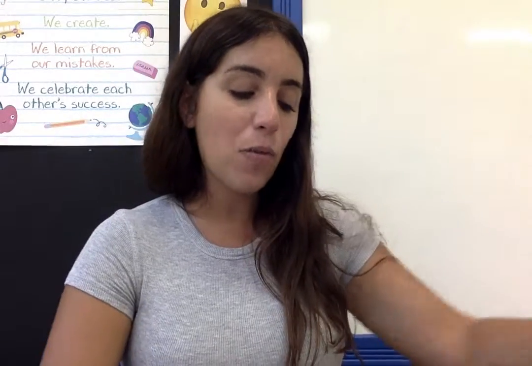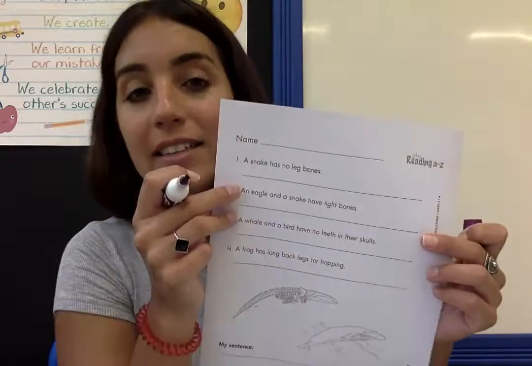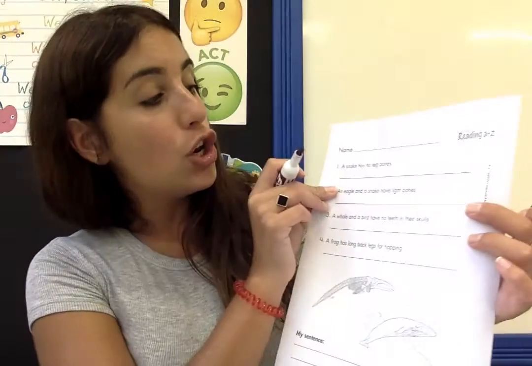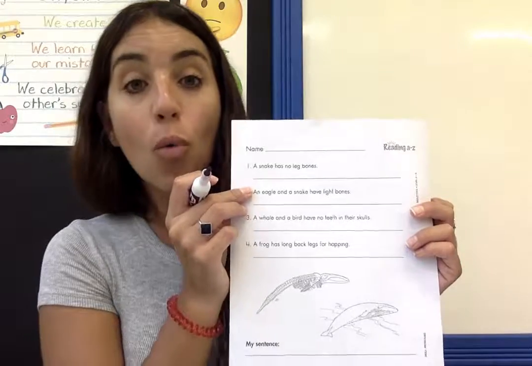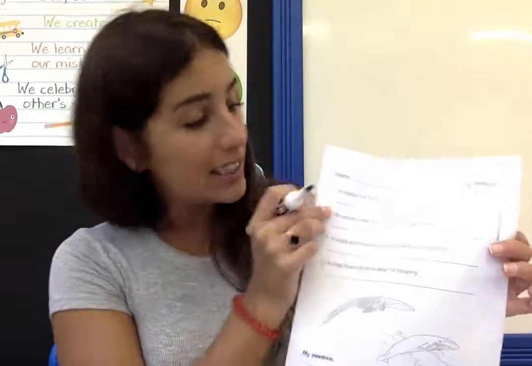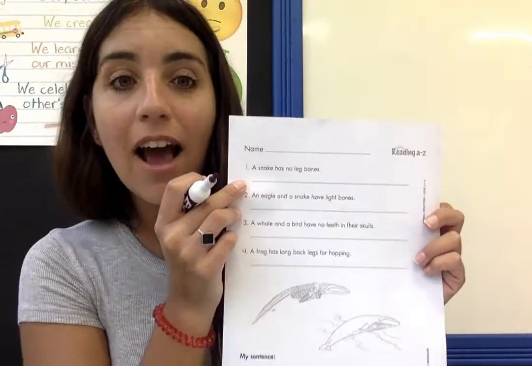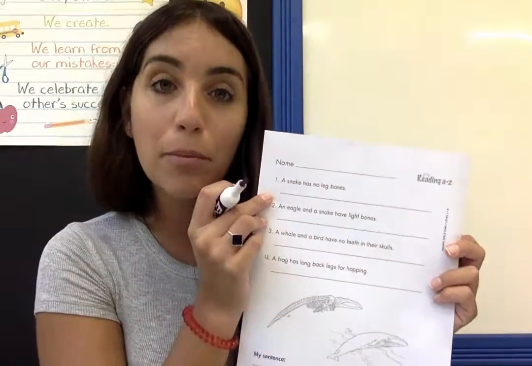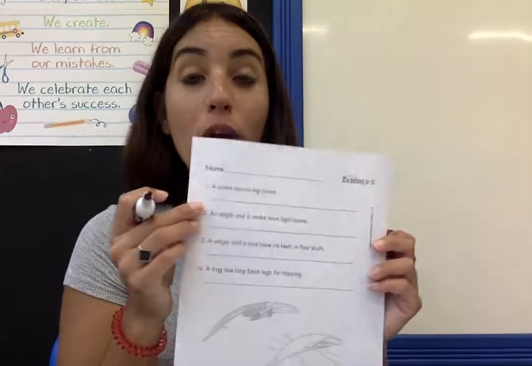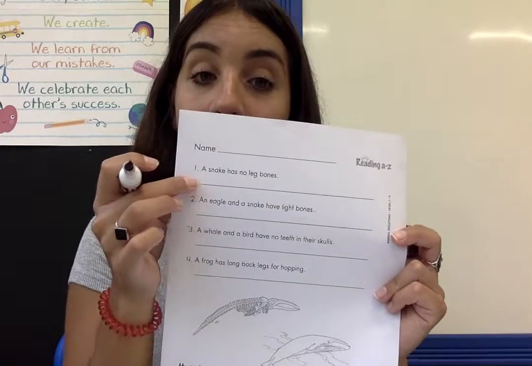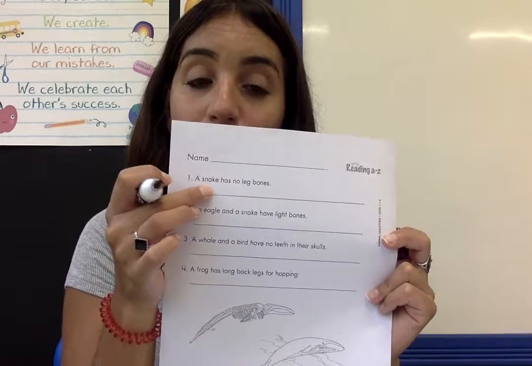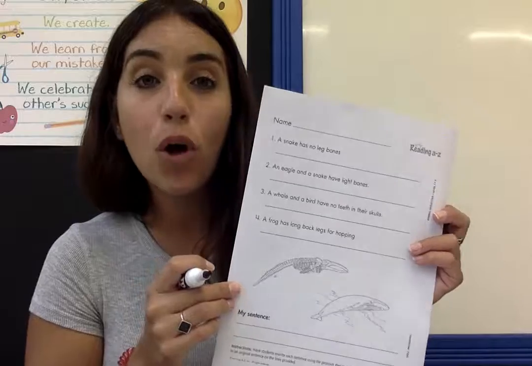So, if we have the sentence, a snake has no leg bones, we can actually write this sentence as, it has no leg bones. So we replaced the noun in the sentence, which is snake, with our pronoun, which is the word it. Okay? So let's look at the next sentence.